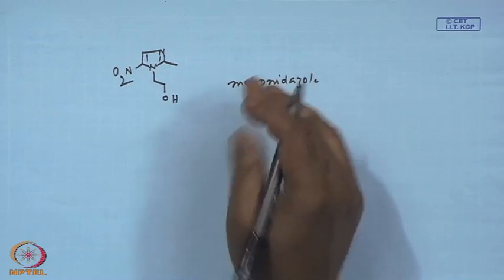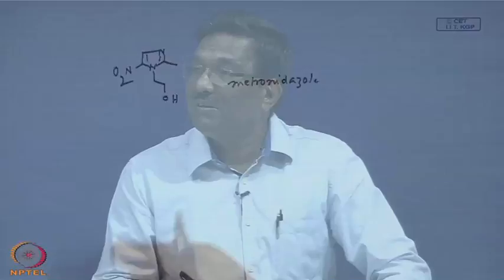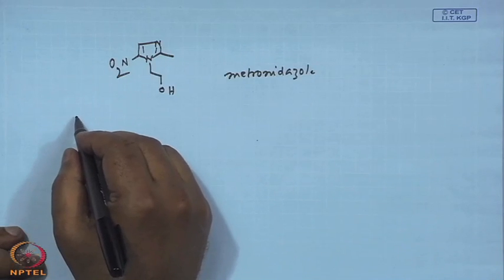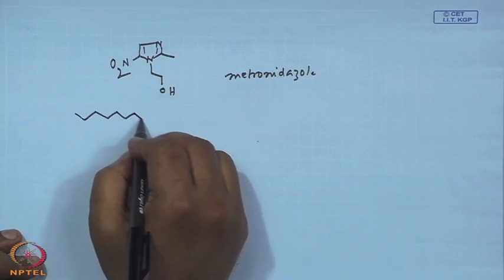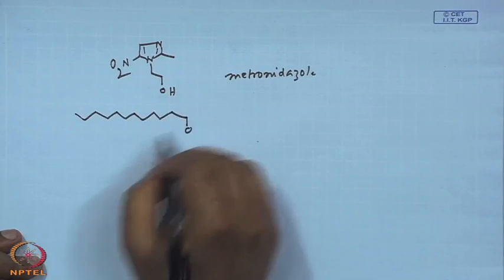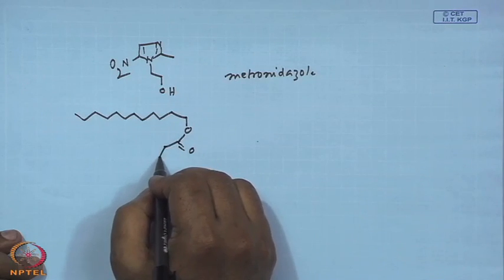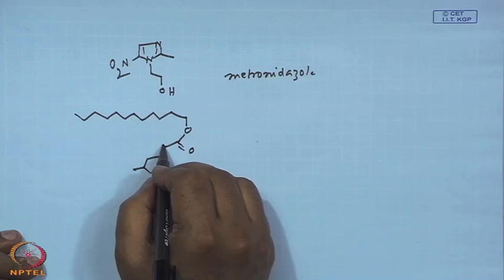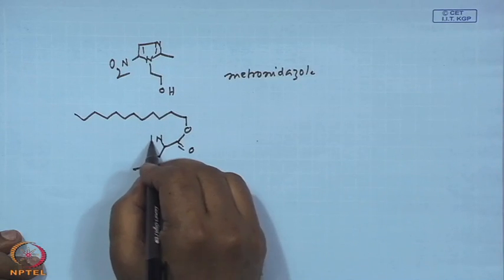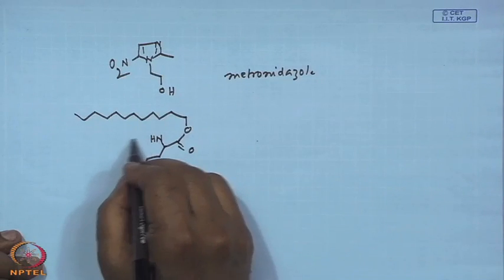So metronidazole, ranitidine, Zantac, all these medicines actually they will have nice heterocycles. Then I think lastly I will write one more. There are quite a few important structures. For example, okay, let us say from the field of medicine I will write one more structure. Do not worry about the number of the carbons here. There is a medicine which will have an amino acid part. I do not know whether you know or not. Then there is N-formyl.